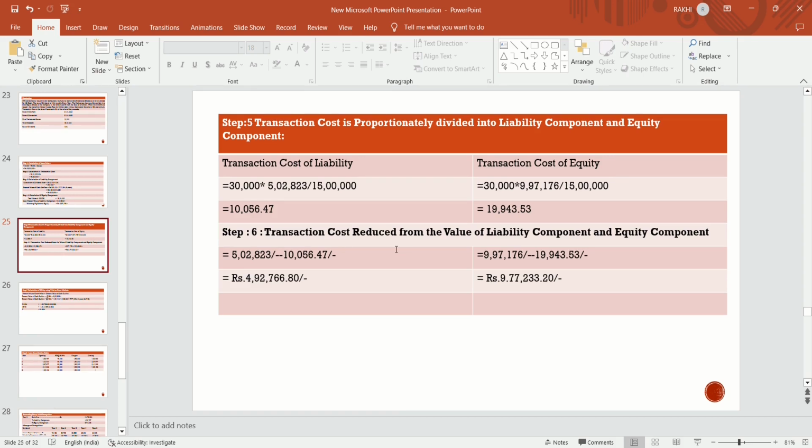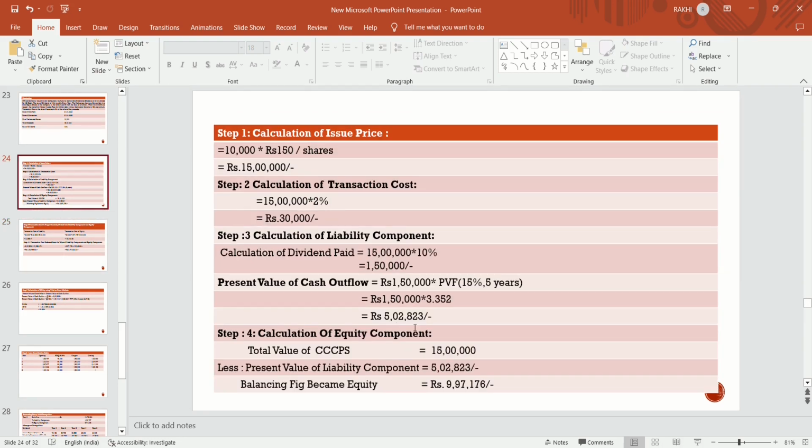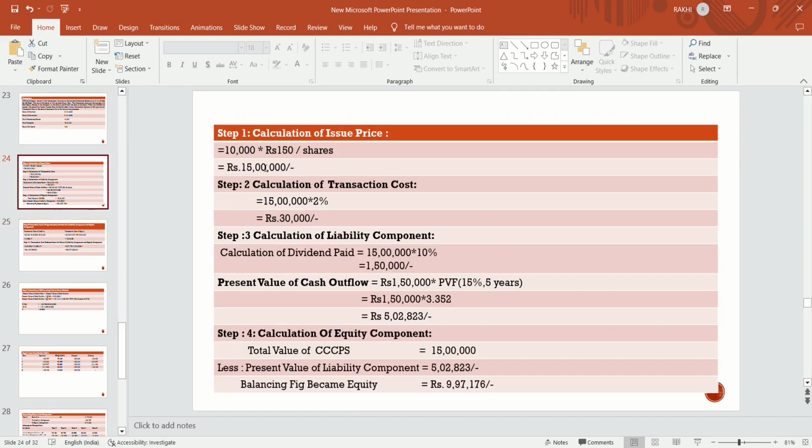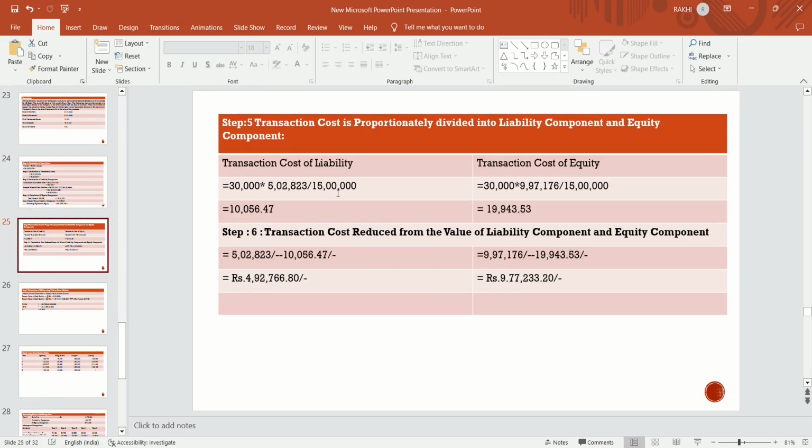Transaction cost of liability component: the liability amount is 5 lakh 2,823 divided by total issue price of 15 lakhs, so the liability component of transaction cost becomes 10,056.47.